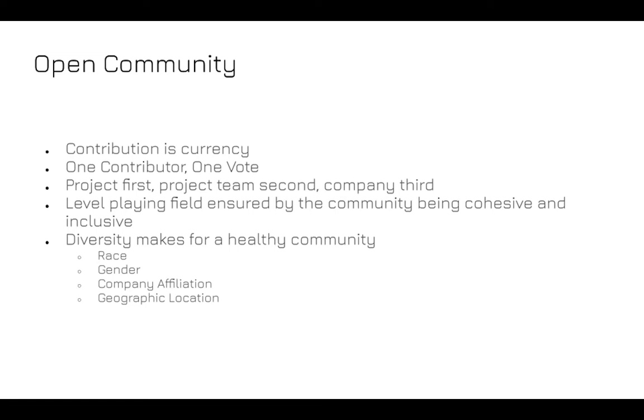And diversity, I'm sure, as everybody knows here, I really hope everybody knows here, makes for a healthy community. You have diversity, not just of race, but gender and community affiliation, and particularly in OpenStack and many other open source communities, geographic location. And that increases the difference in the different use cases of the software.